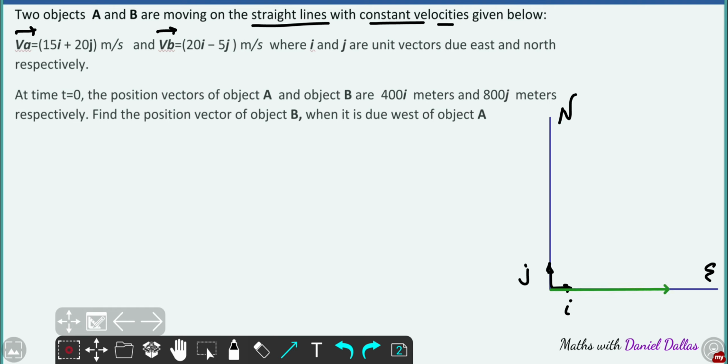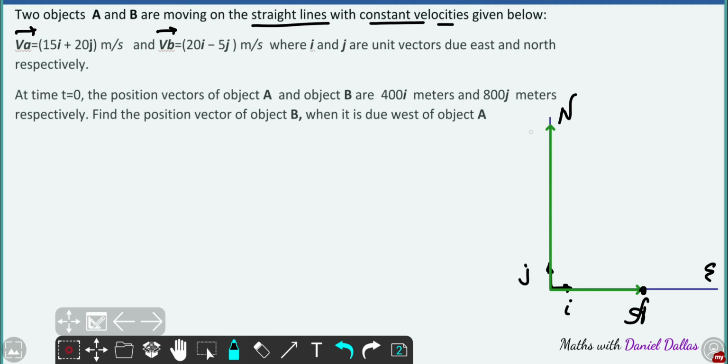It defines a position. However, we have only 400i, that's for object A, and we can set up the initial position for object A, and we do the same for object B. However, it's 800j, so it means that it's twice more.